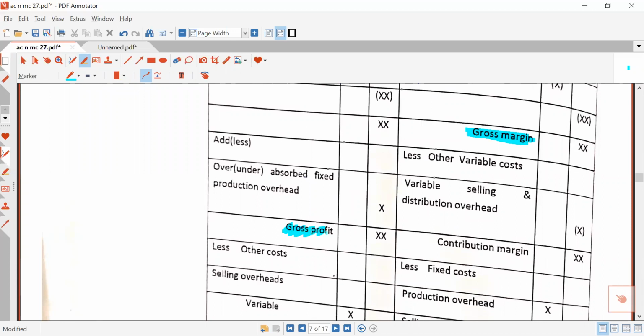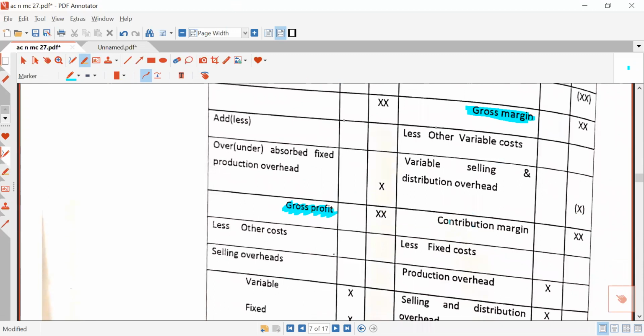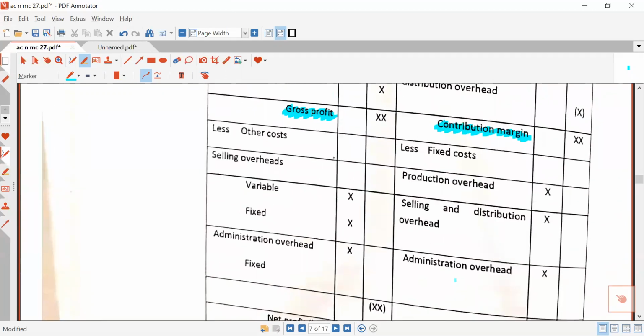In AC, we have gross profit. And under marginal costing, you also have another term called contribution margin. And of course, you minus all your period costs.